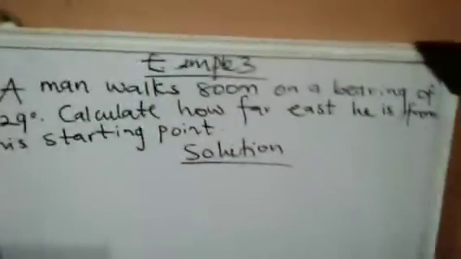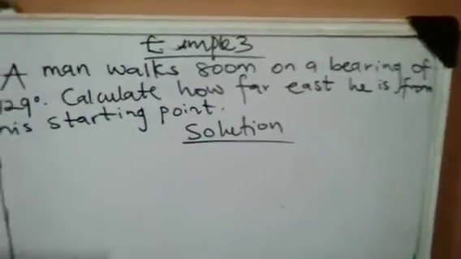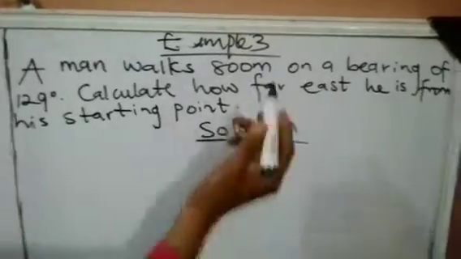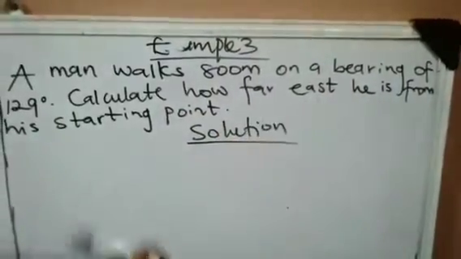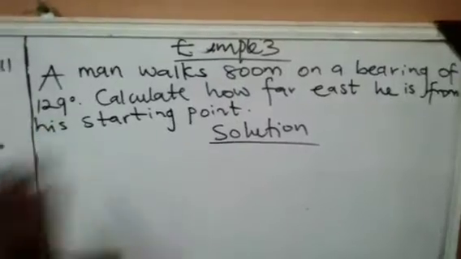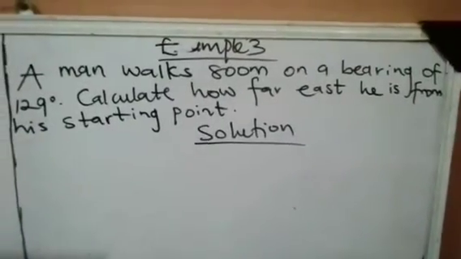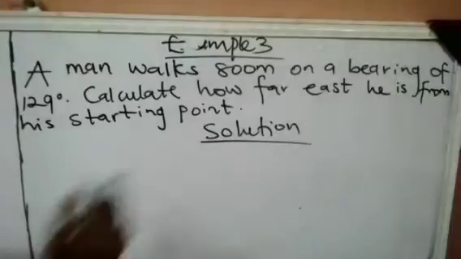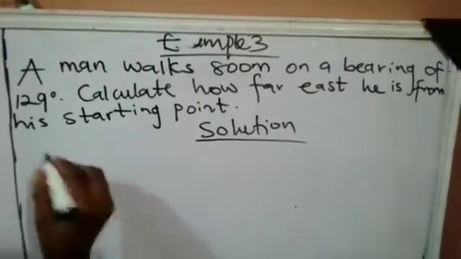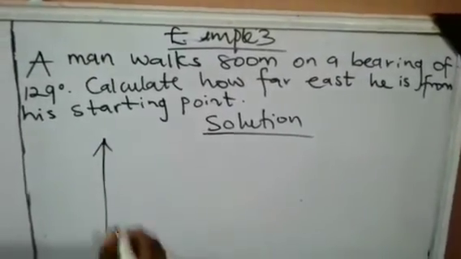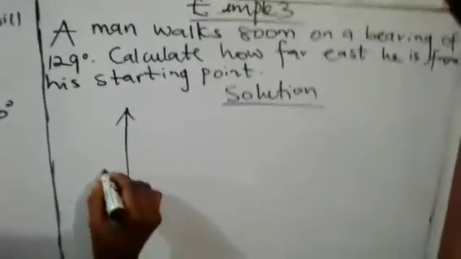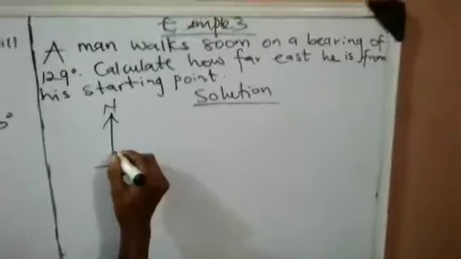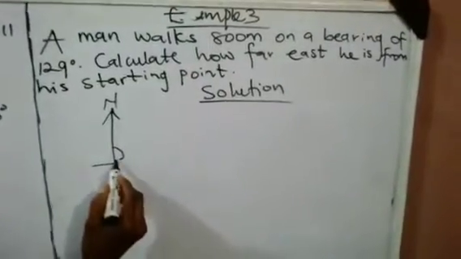In our third example, we have a man who walked 800 meters on a bearing of 129 degrees. Calculate how far east he is from his starting point. We have the bearing of 129. From here to here is not up to 180.